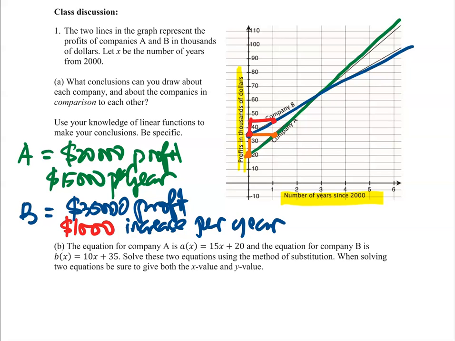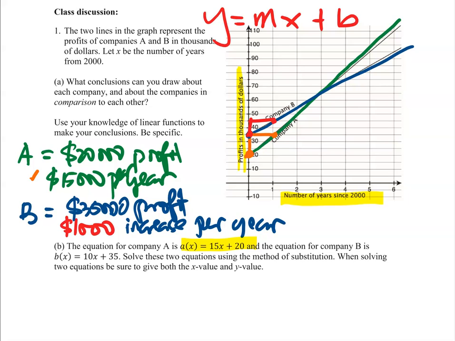Okay, so just to recall, y equals mx plus b. B is the y-intercept, that is at the beginning, so that's why we have the equation for company A, 15x plus 20. It started at $20,000, in thousands of dollars so that's 20, and then the slope is a 15,000 increase per year, so that's why we have 15x.